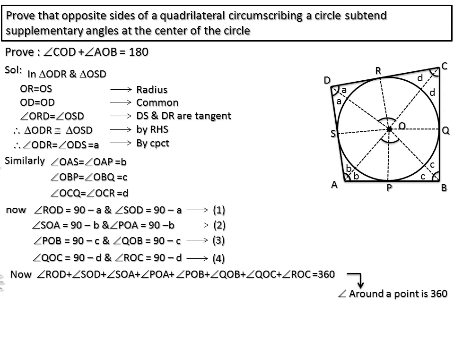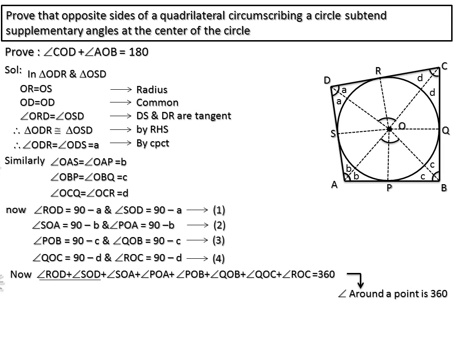We get angle ROD plus angle SOD plus angle SOA plus angle POA plus angle POB plus angle QOB plus angle QOC plus angle ROC equal to 360. And we know the reason is angles around a point is 360.